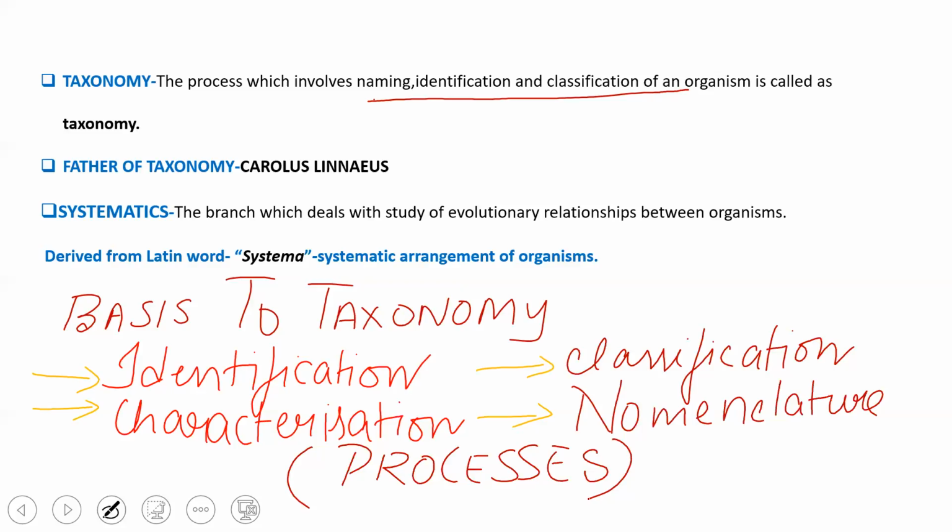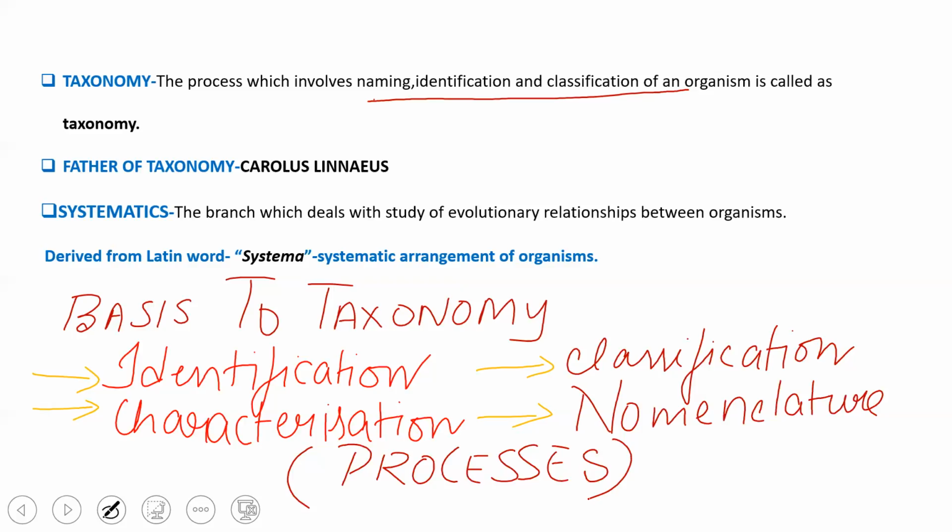By comparing from one species to another species, or from one region to another region, they could find a lot of similarities and differences. So this branch which led to the discovery of evolutionary relationship between the organisms was called systematics.